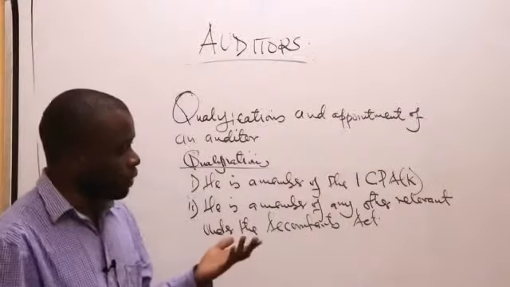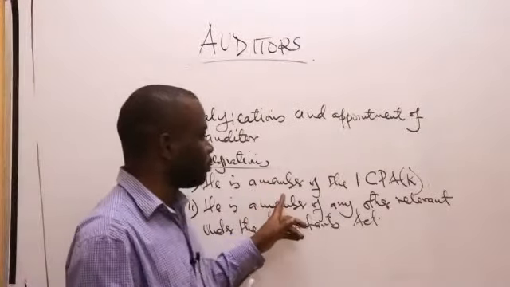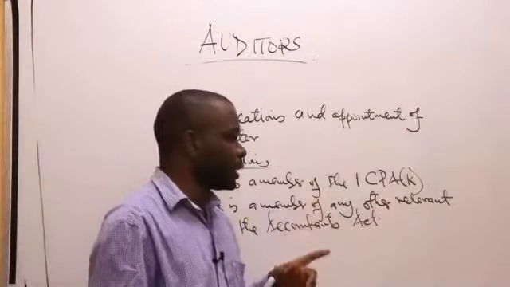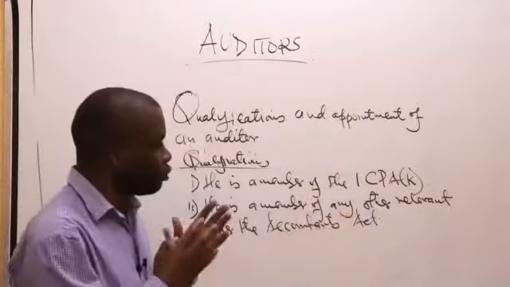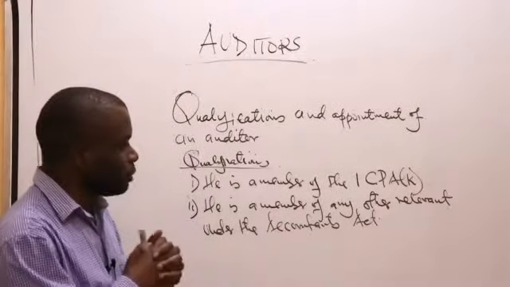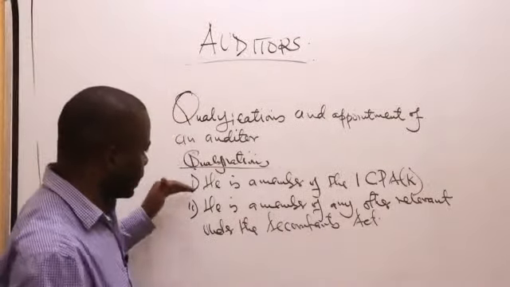So that is the route of getting this certification and membership from ICPAK. You've done the CPA exam up to final level, you become a member, you practice for a period of time, and you'll be approved to provide auditing services. So these are the key qualifications.